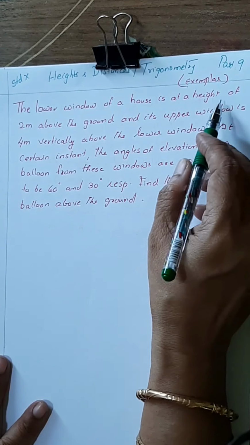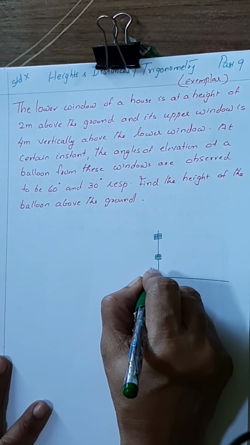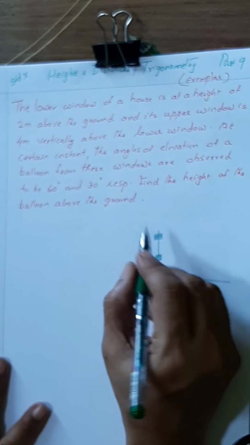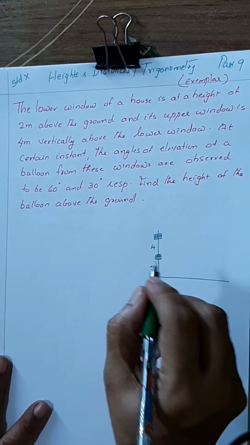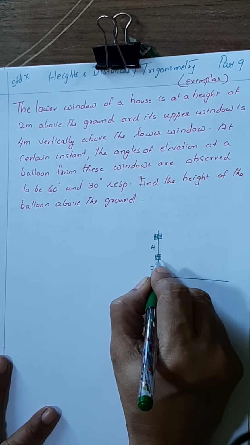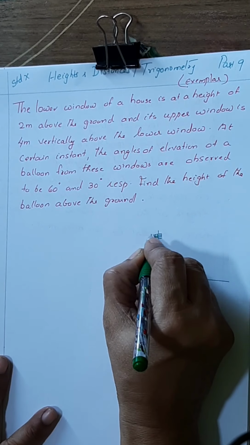So the lower window is at a height of 2 meters above the ground. So this is 2 meters and the upper window is 4 meters above the lower window. So this is 4. So let's write this as A, B and C.